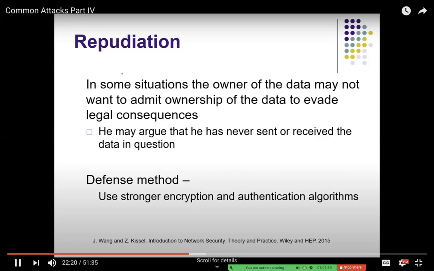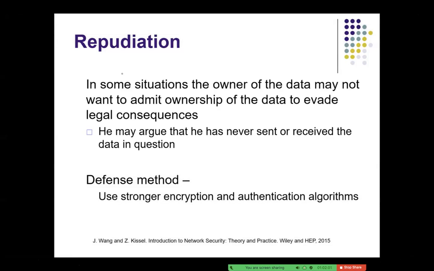One attack is data repudiation. This means that in some situations, the owner of the data may not want to admit ownership of the data to evade legal consequences. For instance, an owner sends out some rumors that are actually very harmful, and then later on he would deny that the data came from him.